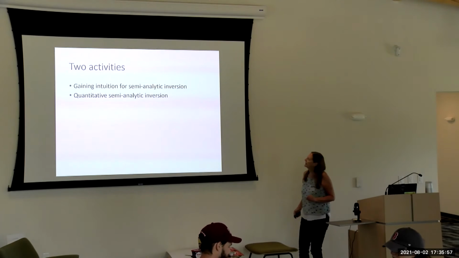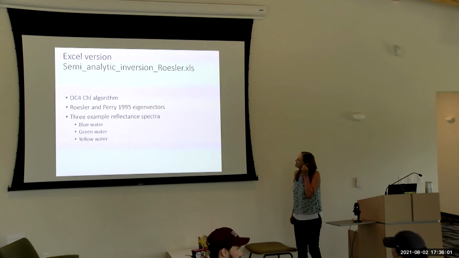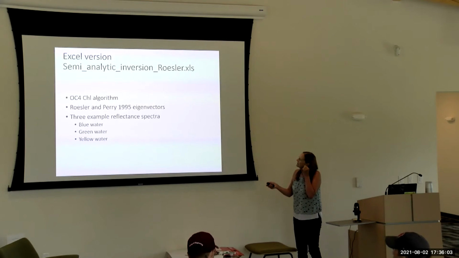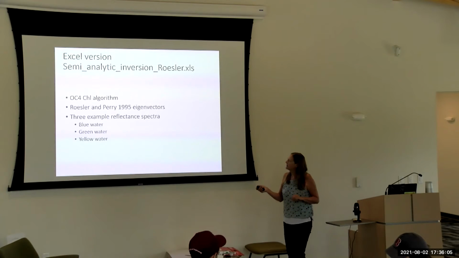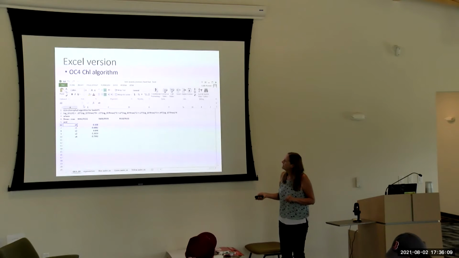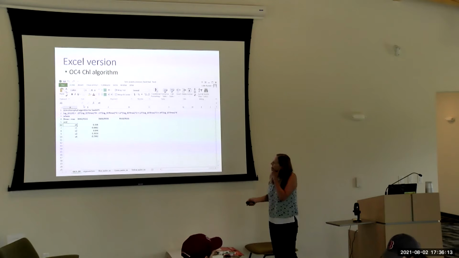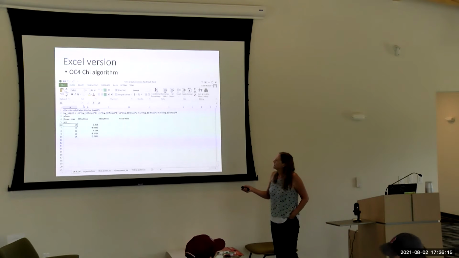Okay. So we're going to get some intuition for inversion and then do some quantitative inversion. I actually programmed in the Aug2 algorithm, the eigenvectors. So this is the first page of the Excel spreadsheet, and these are the coefficients on this really intuitive equation for chlorophyll.